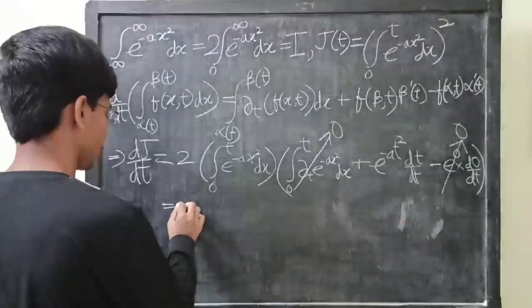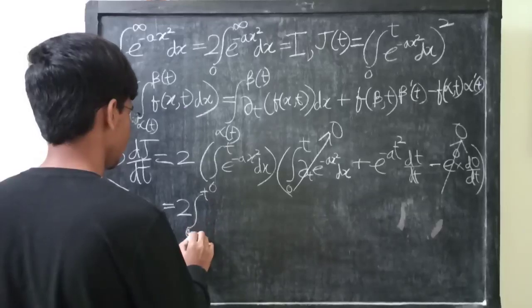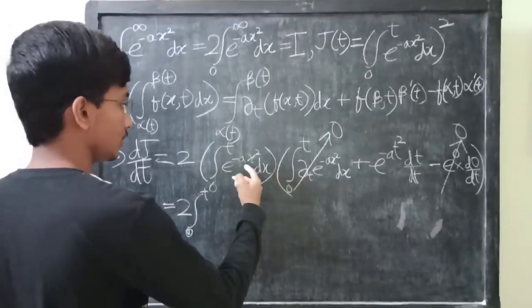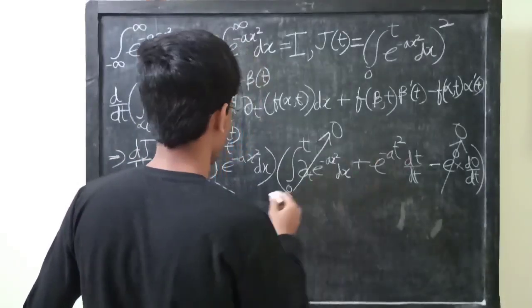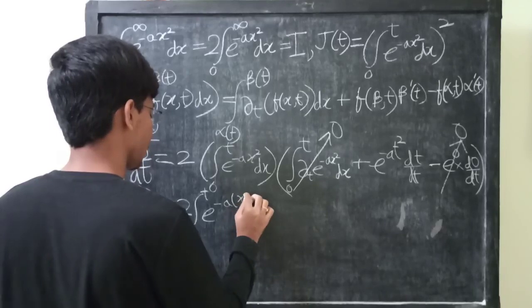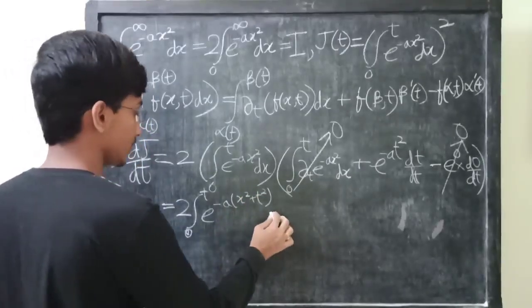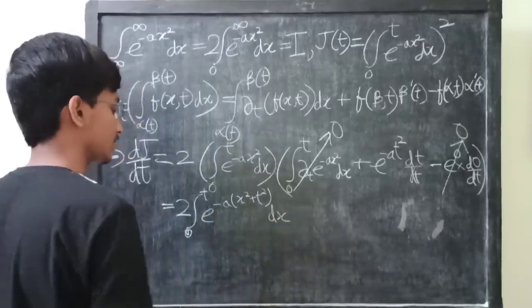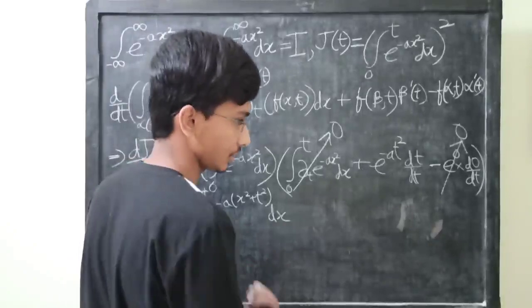We have 2 times the integration from 0 to t of e to the power minus a x square times e to the power minus a t square, which is nothing but e to the power minus a times x square plus t square, by the property of exponents, dx. Now, how can we do this integration?